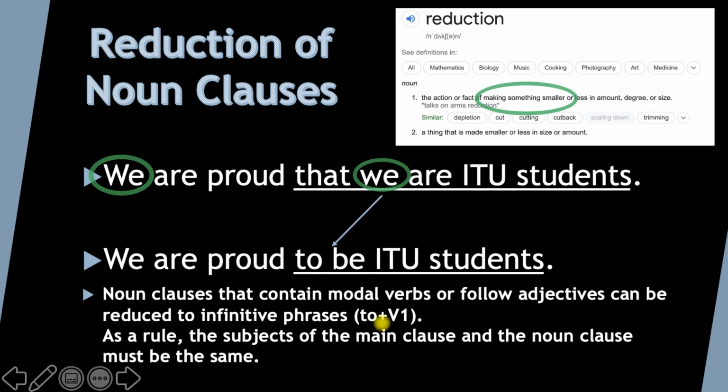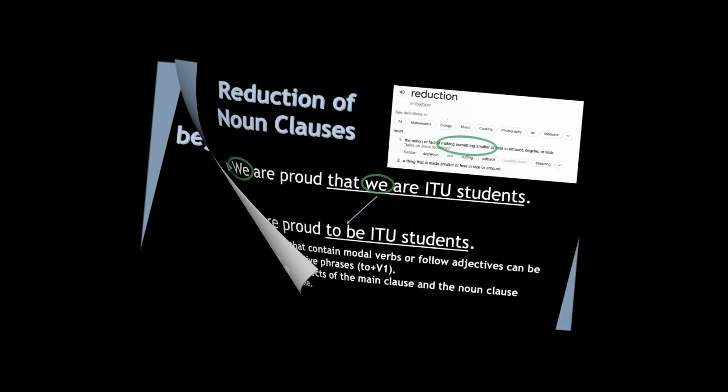Okay, so here the noun clause follows an adjective. Proud is an adjective. Okay, so here under this condition, the subjects are the same and the noun clause follows an adjective. So here we can reduce it to be. Okay. Let's see the details together.